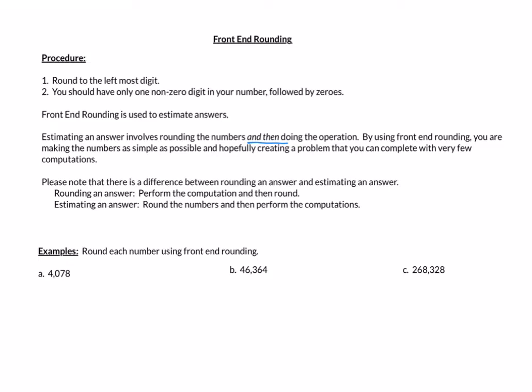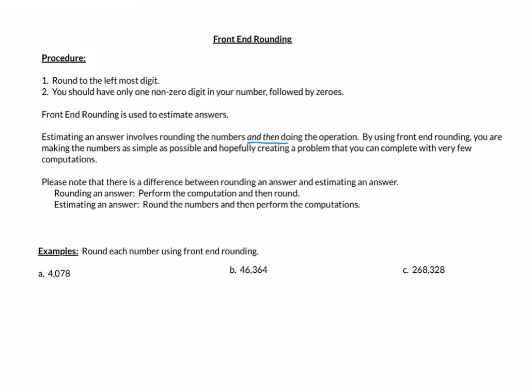By using front-end rounding, you are making the numbers as simple as possible and hopefully creating a problem that you can complete with very few computations. The benefit of front-end rounding is you should not have to bring out long division or have to multiply and carry and borrow and all those complicated things that we get when we talk about addition, when we talk about these operations.